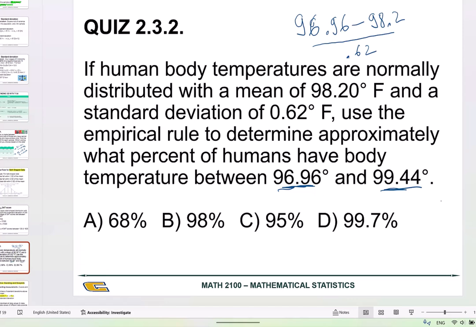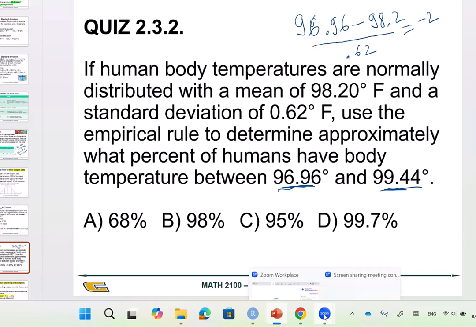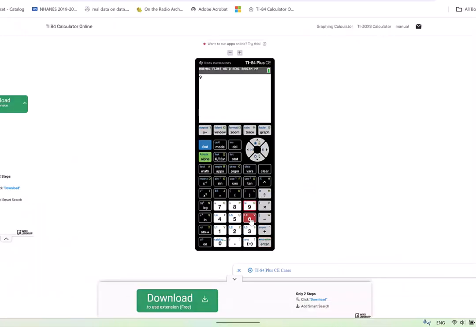And if you do the calculation, I believe you get -2. We can check it here. 96.96 subtract 98.2, and divide by 0.62, you get -2.